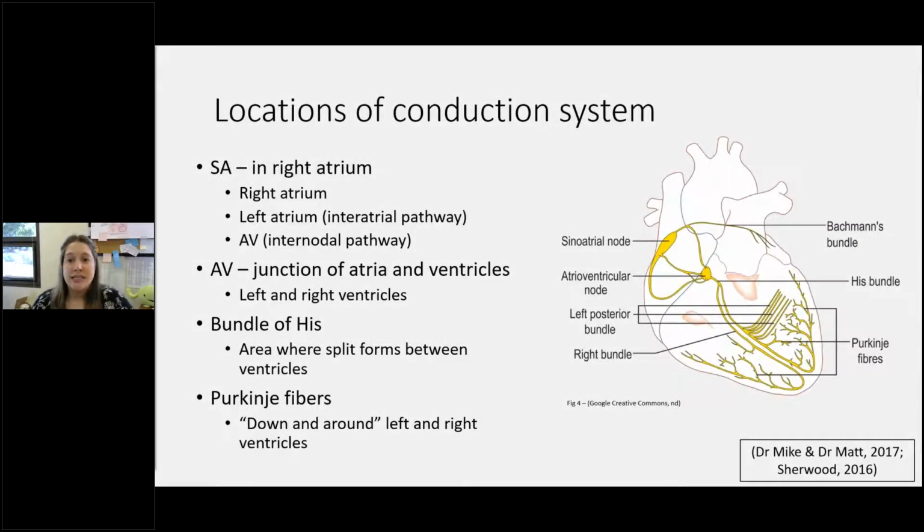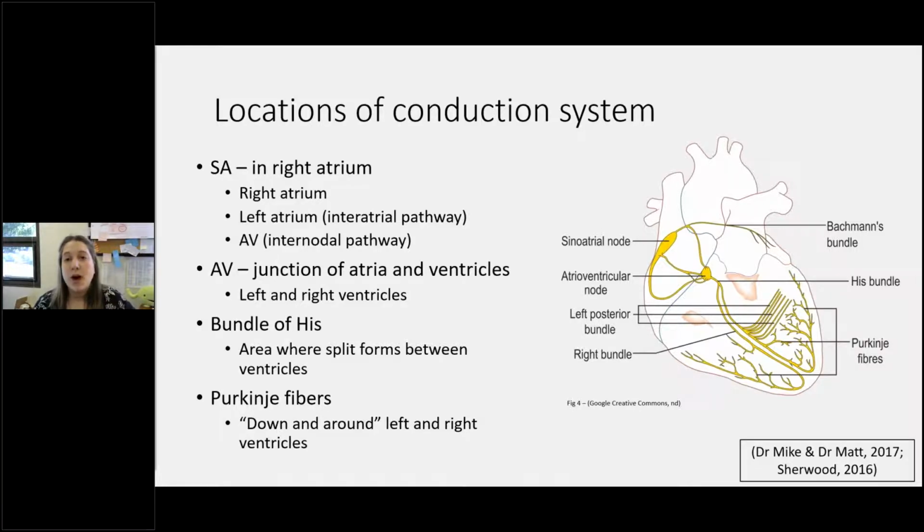Each node of the conduction system stimulates a different part of the heart. The SA node, located in the left atrium, stimulates the left and right atrium. The fiber also connects to the AV node. This node stimulates the left and right ventricles through use of the bundle of His and Purkinje fibers. The bundle of His is again the area where the node splits to stimulate each side of the inner heart.